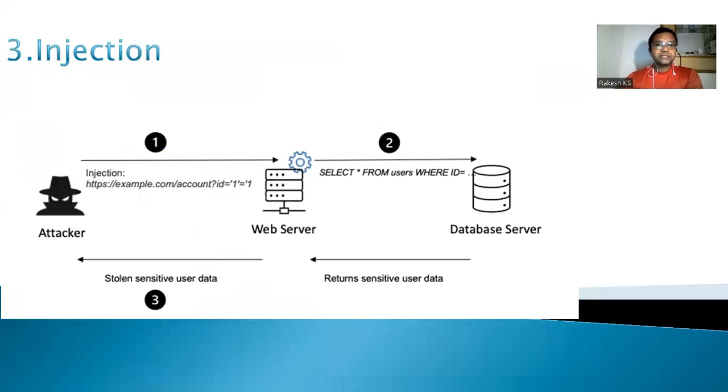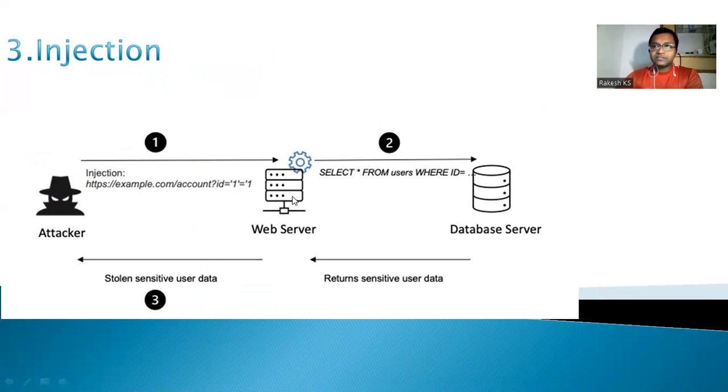The next one is injection. Injection is nothing but injecting something into the web server. For example, you inject some malicious data into the application so that the application does not recheck or validate the data sent by the user. Here the attacker sends some HTTP information directly to the web server.